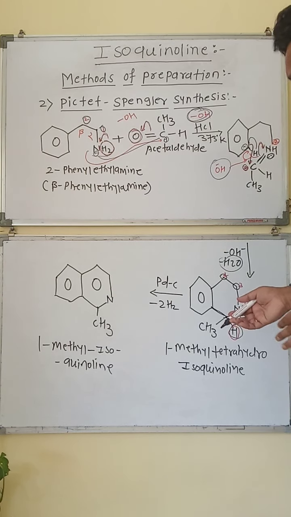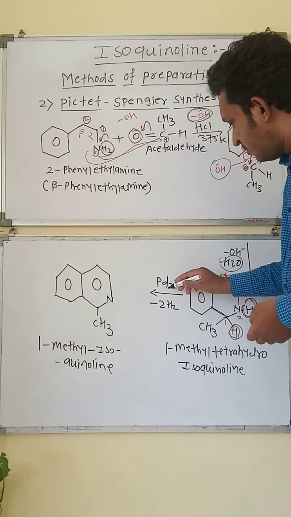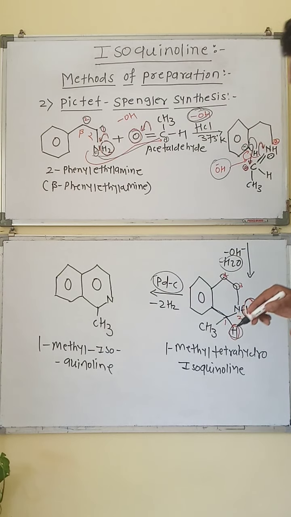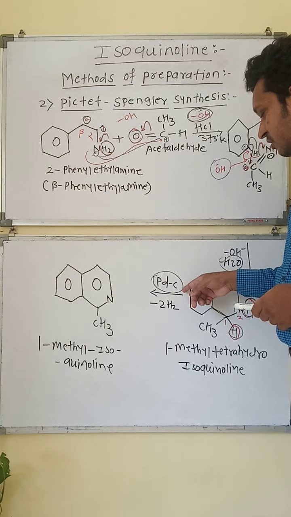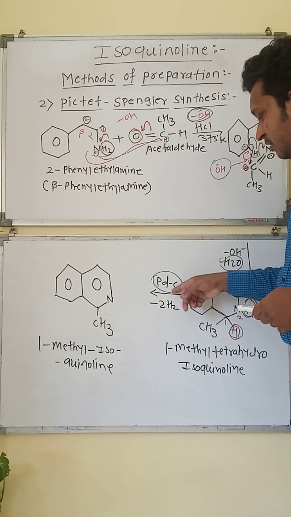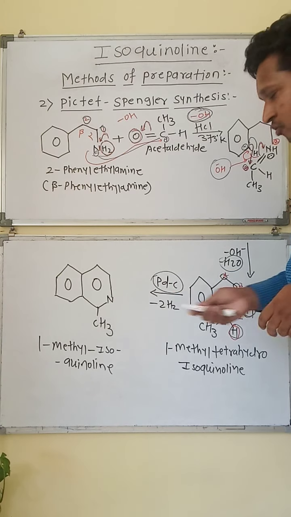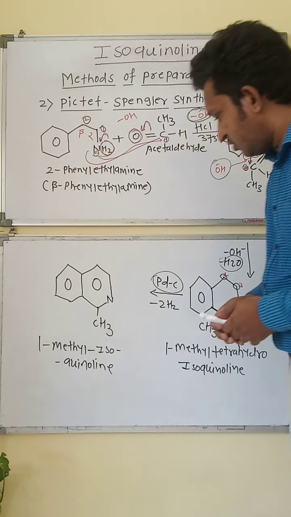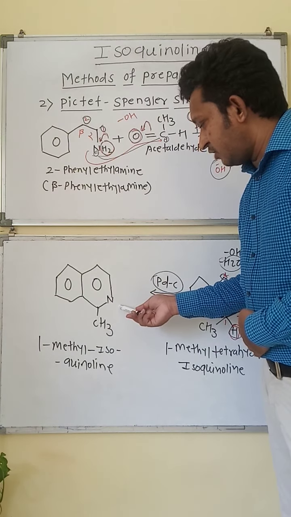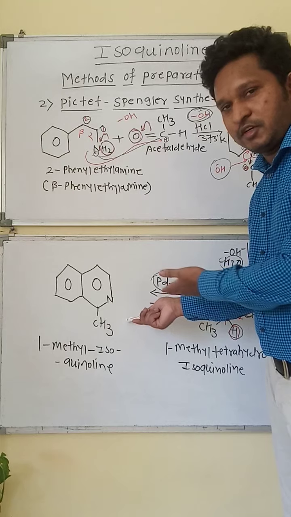All these hydrogens can be removed in the presence of palladium on carbon, where carbon is the activated carbon. So there is removal of the hydrogens on the first, second, third and fourth number carbon as well as the nitrogen, and we get the unsaturated structure from the saturated structure.